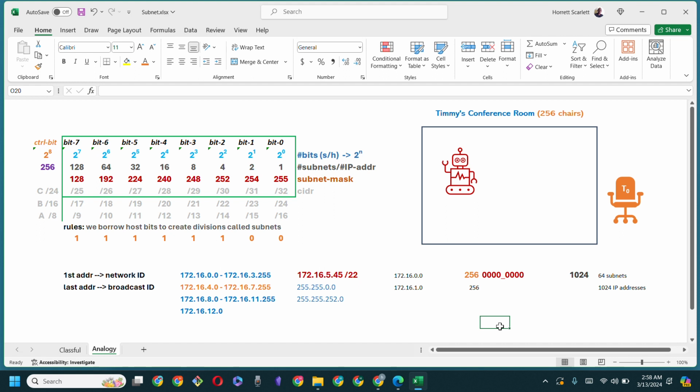And remember, we had said that the increment was 4. So we'd have to do this 2 more times, meaning 172.16.2 and 172.16.3. So it means that for each of these we have 256.